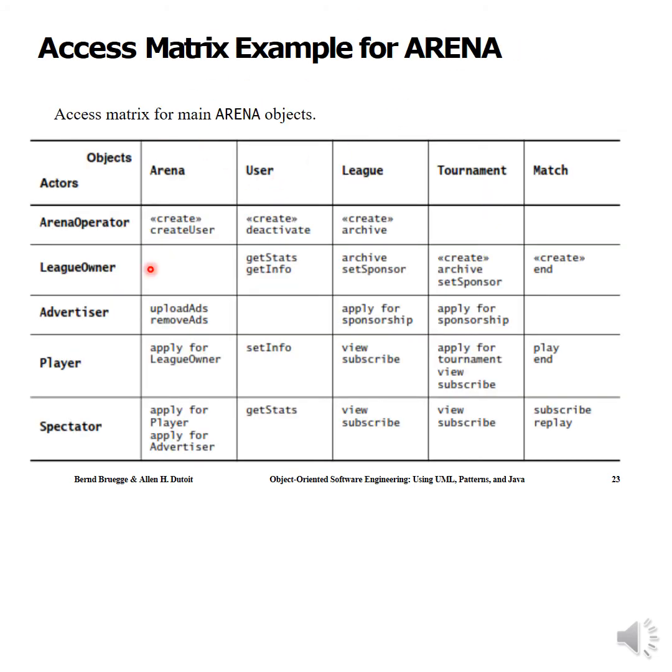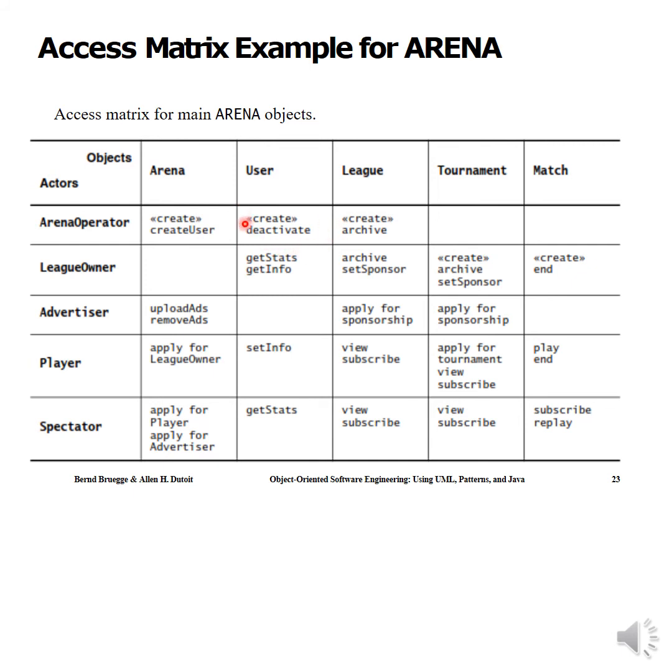So this is an access matrix example for the arena case study. As you can see, the rows of the matrix represent the actors and the columns represent classes whose access we control. So arena operator is an actor and it can create a user of the arena.